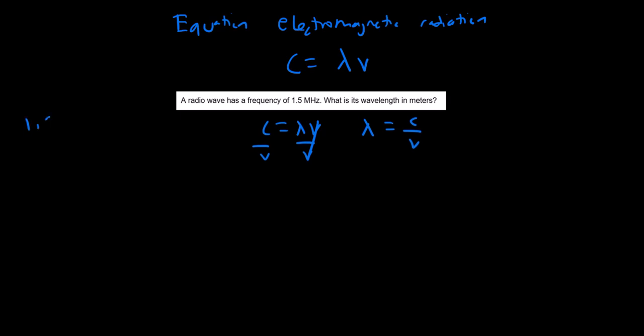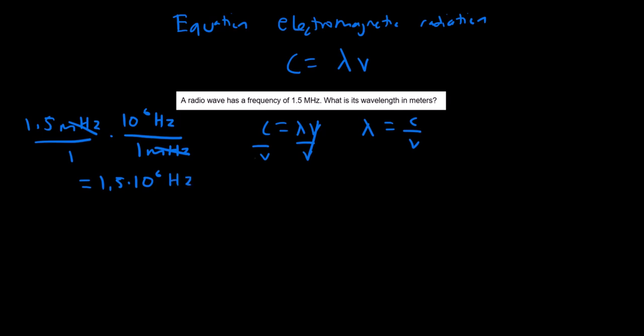So 1.5 megahertz over 1. Now the prefix modifies the base unit. So mega is 10 to the 6. So we do 10 to the 6 hertz, which is the base unit, over 1 megahertz. The megahertz cancels out, and we're left with 1.5 times 10 to the 6 hertz.